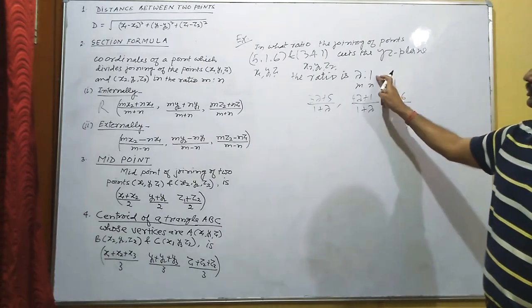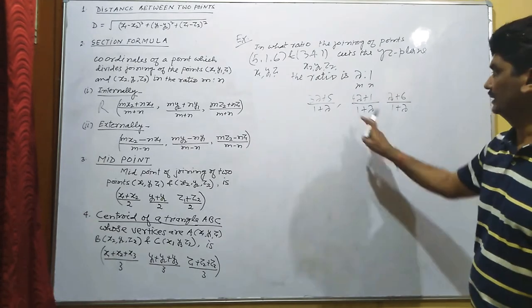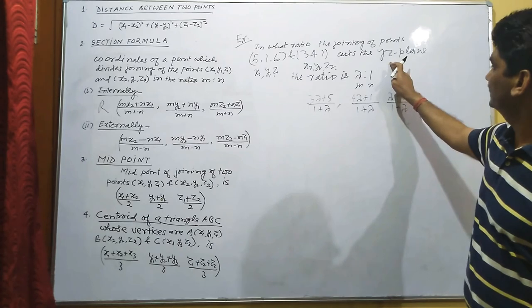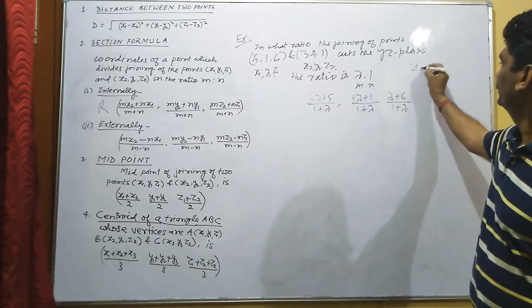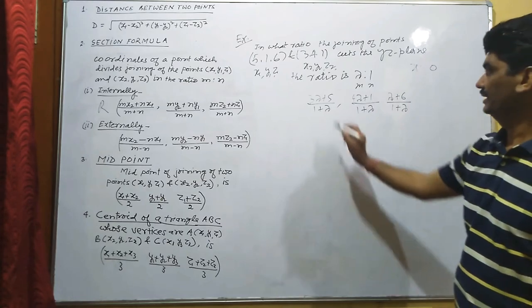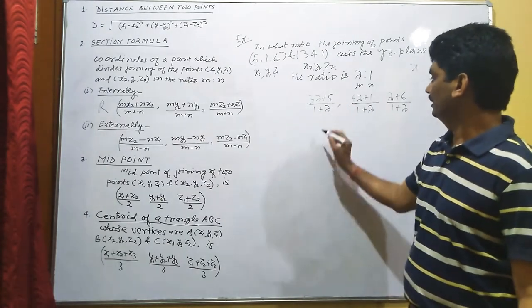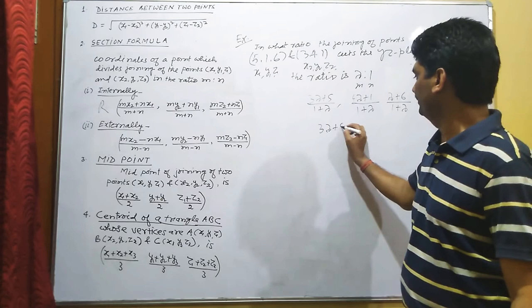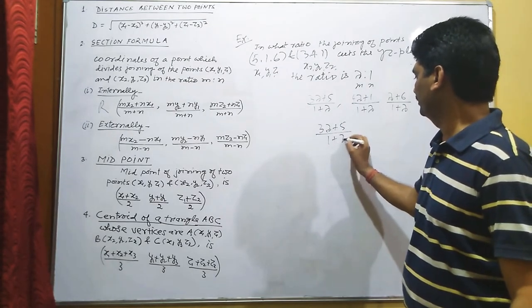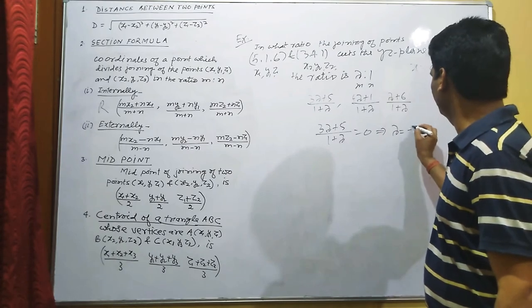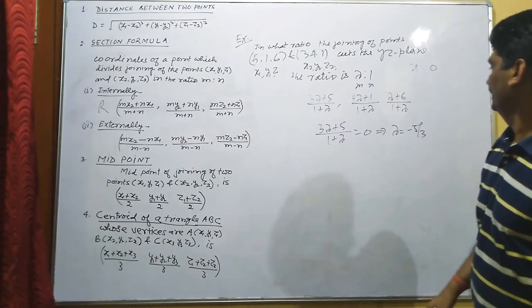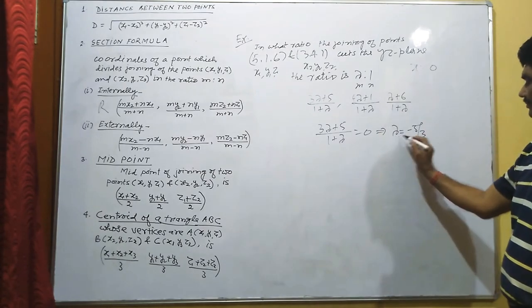So if we assume the ratio lambda is to 1, since it is cut by the YZ plane, it means x equals 0. So we take (3 lambda plus 5) upon (1 plus lambda) equal to 0. This implies lambda equals minus 5 upon 3. The value of lambda is negative.